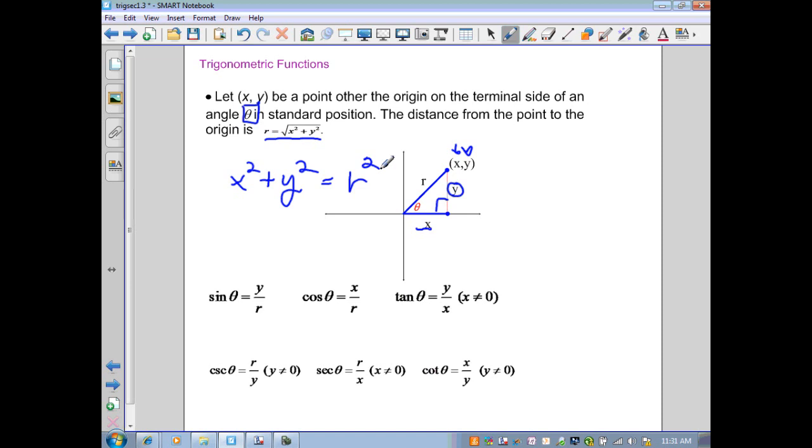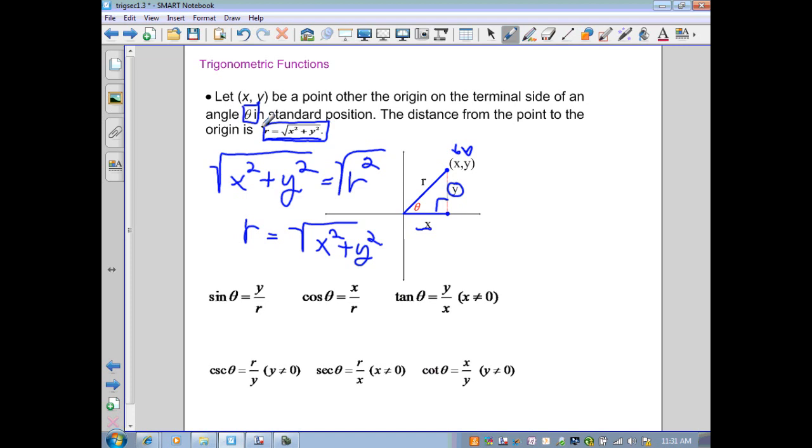And remember, if I solve that, I'm going to take the square root of both sides, which will give me r equal to the square root of x squared plus y squared, which is the formula given up here, and which is our distance formula, which is also the Pythagorean theorem.